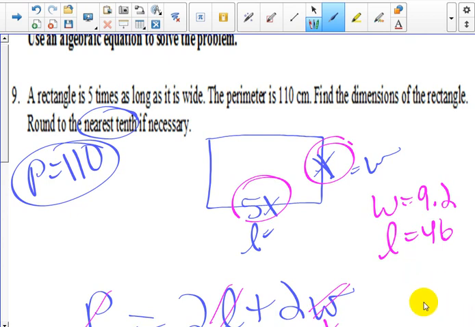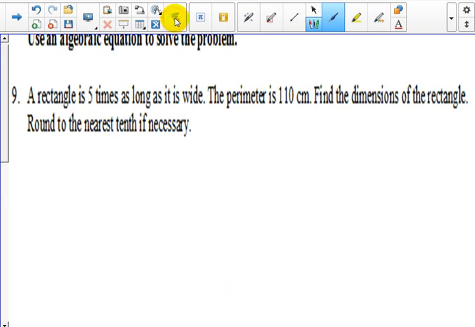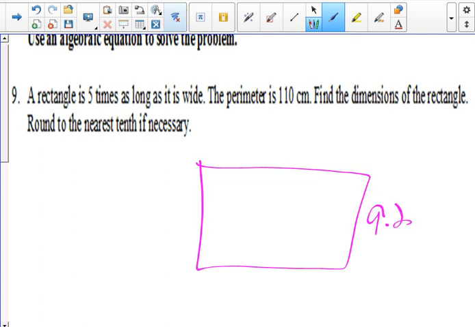There is one thing that I want to point out on this with rounding errors. It says the perimeter is 110. So really, if I have 9.2 and 9.2 and 46 and 46, because we did the rounding, it's going to cause things, we rounded up instead of rounding down, because it was 9.16, so we rounded up to 9.2.